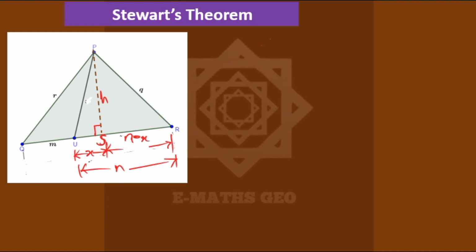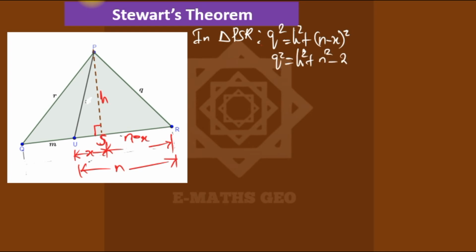So let's look at triangle PXR. We'll see that Q squared is equal to H squared plus (N minus X) all squared. Expanding this, we have N squared minus 2NX plus X squared. Let's call it equation 1.